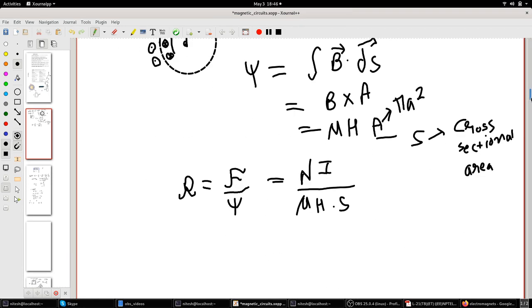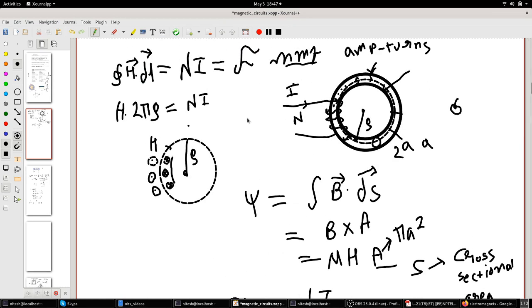Now if I substitute it here, 2 pi rho I will replace again as L only. This 2 pi rho, the complete circumference, will be my L, the length of the core. So I can safely say H into L is equal to Ni. Now the only thing we have to consider is that if it's a hollow cylindrical section, I always take the mean length.